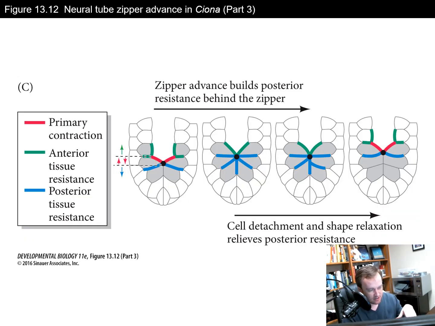So what happens here is, as this zipper is closing in this direction, we have these contraction points between the cells. And so the myosin is responsible for these contraction points, and it pulls the zipper point anteriorly to the next cell junction. So right here, in this little area here, that's going to contract.